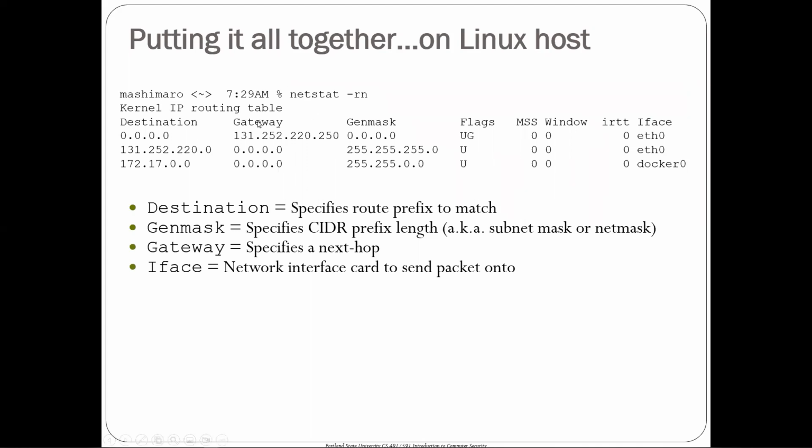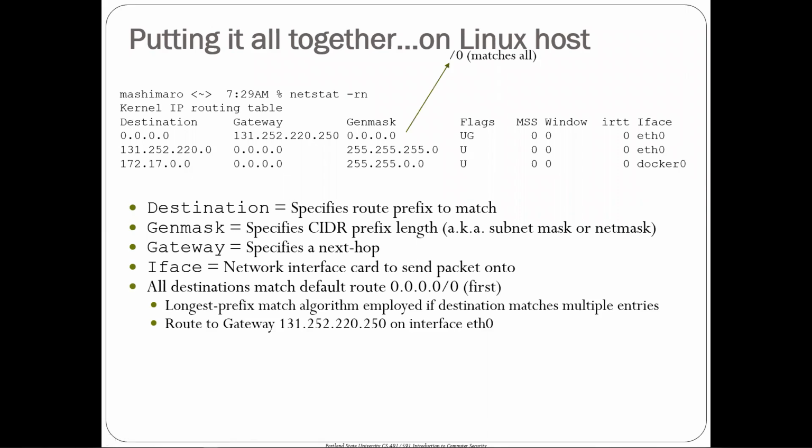That's what these 2 columns are. So the gateway is the next hop, and then what interface do I use to get me there? The other part here is that /0 matches everything. So by default, you're going to send it to this gateway.